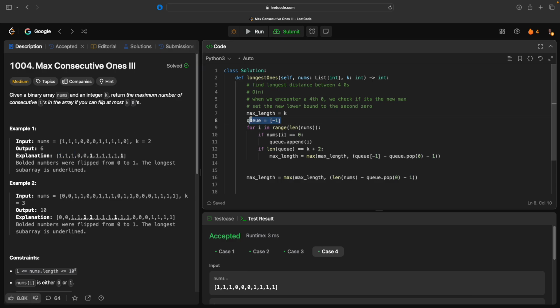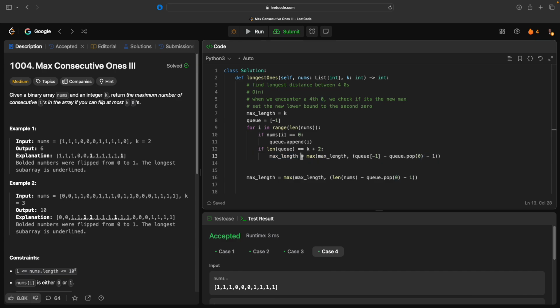Anyway, so we have this queue, and if we see a 0, then we append that index to that queue. And then if that queue is now a length of k plus 1, then what we do is we pop off the first value, and we see the distance between the k plus 2 zero and that value, and then we account for that extra 0 with a -1.